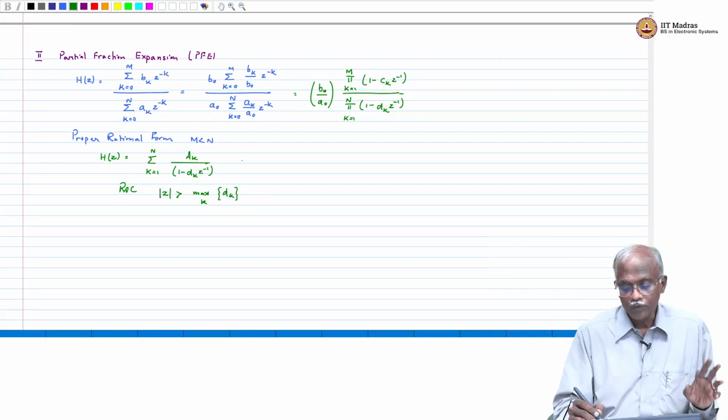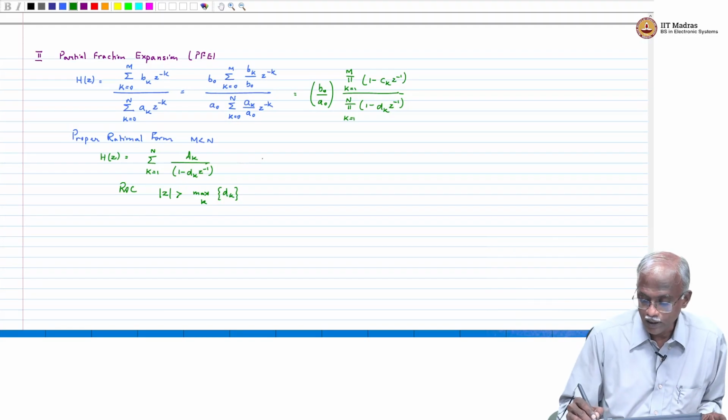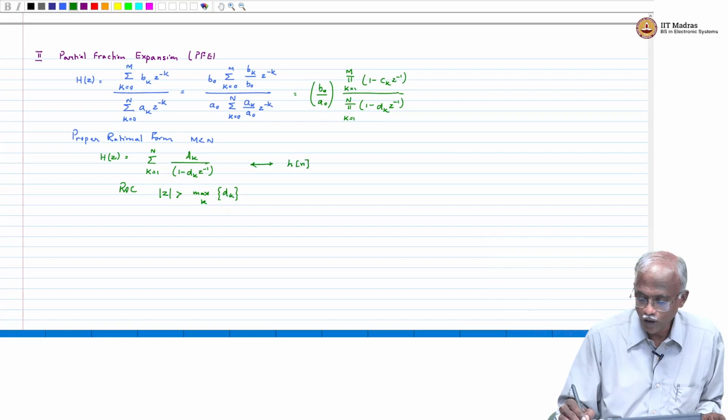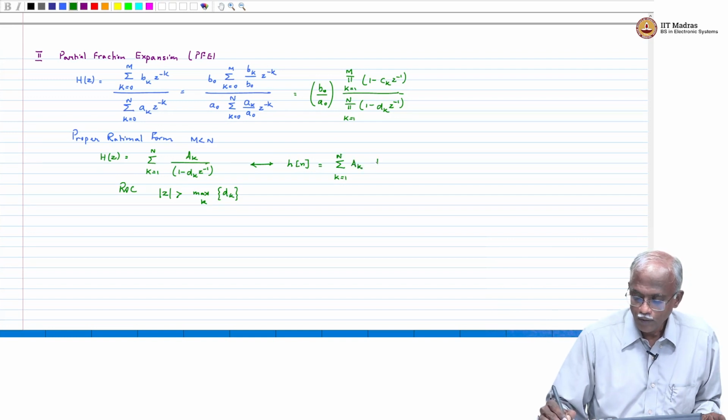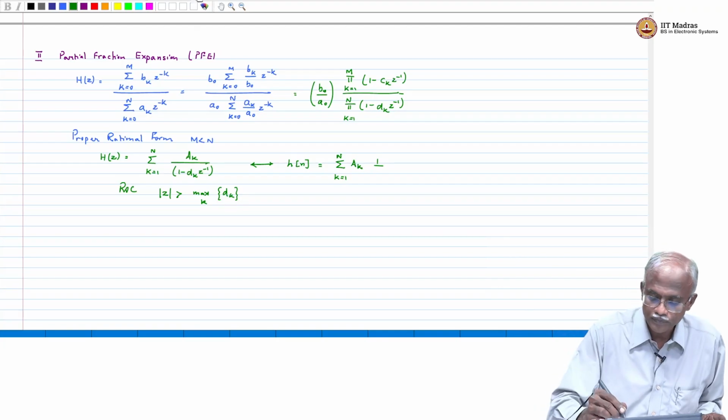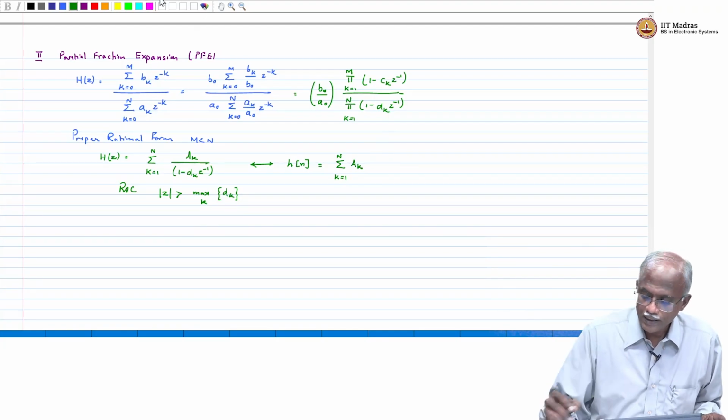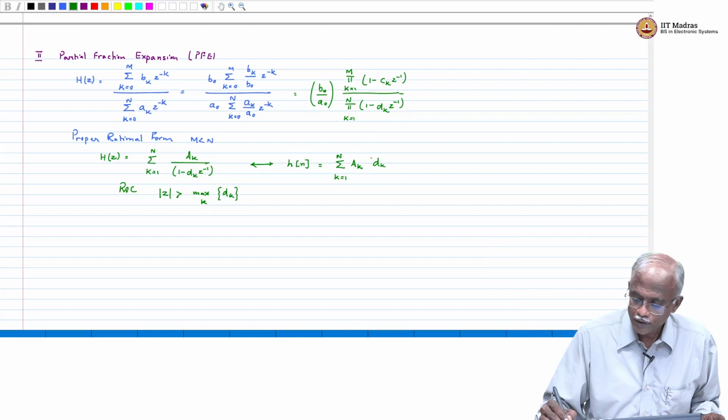So then what we get as the corresponding time domain sequence will be h of n equal to summation k equal to 1 through n, ak times dk raised to the power n, u of n.